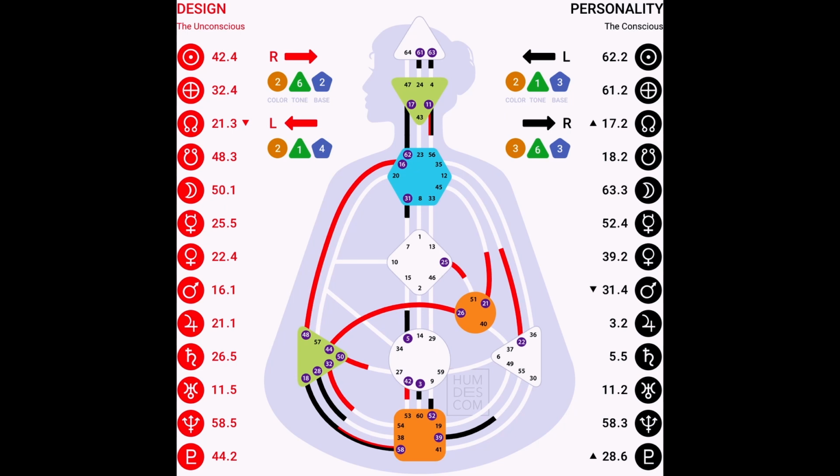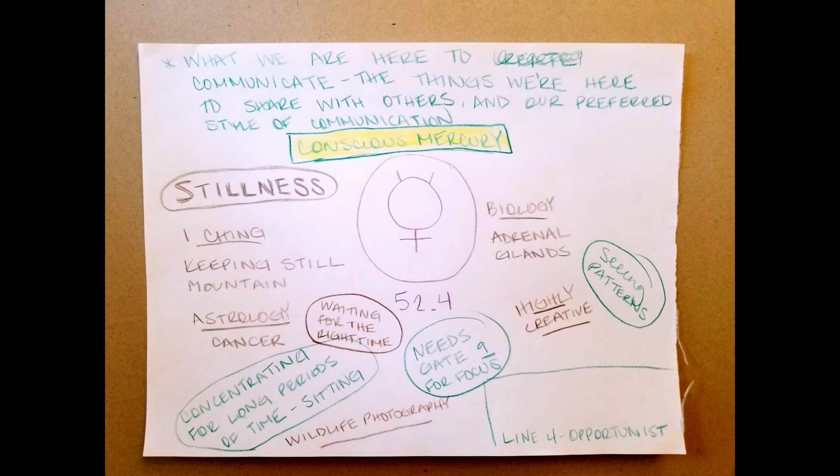So, for the conscious Mercury, which is the stick person with the little antenna, the association of this planet on your chart describes what we are here to communicate, the things we're here to share with others, and our preferred style of communication. And for me, it's gate 52.4, 4 representing the opportunist, and gate 52 means stillness.